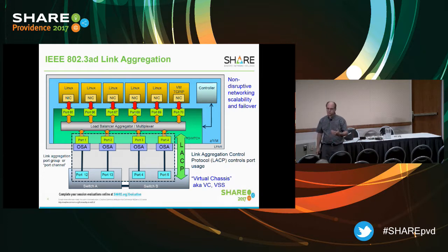Okay, the virtual switch's job in this case is to decide what virtual MAC address, what virtual NIC, done on a MAC address basis, but what will be the association of virtual NIC to OSA port? So the virtual switch is managing that, and it moves the association around in an attempt to load balance. Okay?